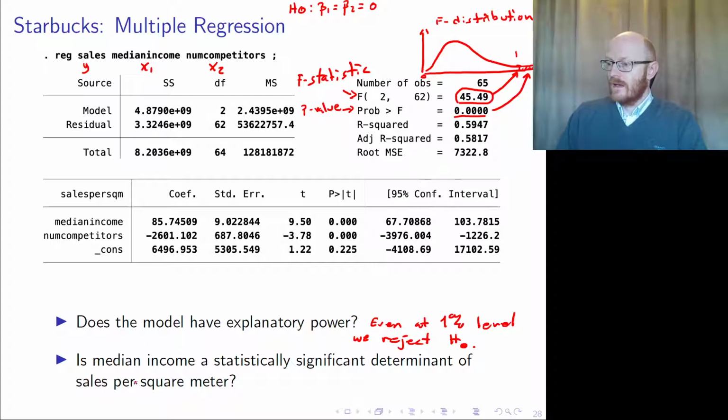So, the second question is: is median income a statistically significant determinant of sales per square meter? Okay, so median income is here.